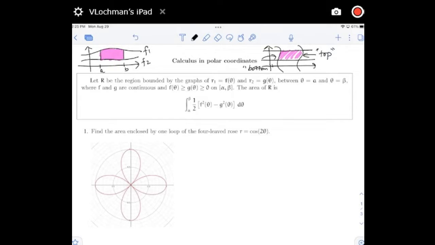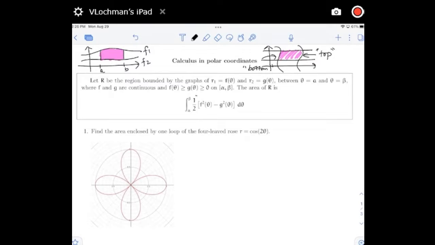Now, a similar idea is going to apply here, except that remember, we are now dealing with a different system, not the Cartesian system. I'm not going to go through the entire derivation. Maybe I'll mention it next time, just briefly, where this formula comes from. But it should look similar to the formula for the area of a sector, which will give you an idea where this formula comes from.